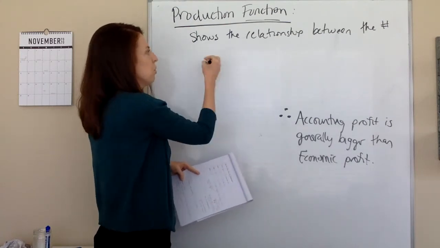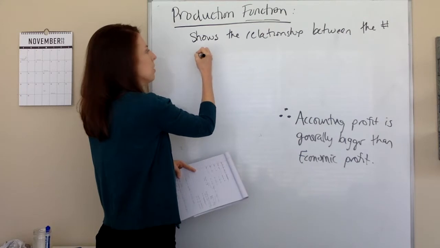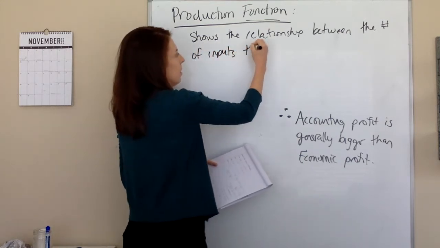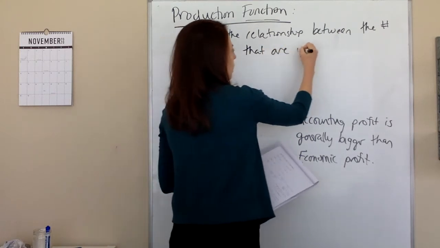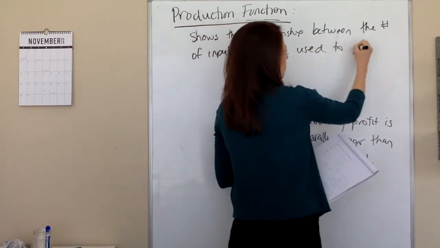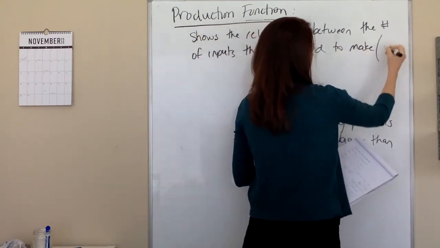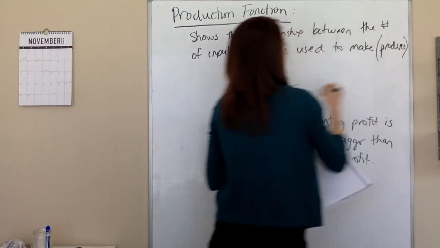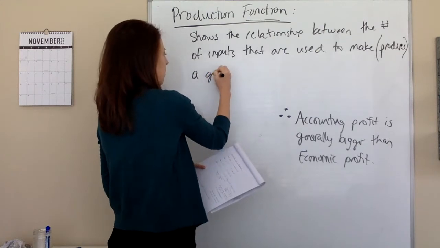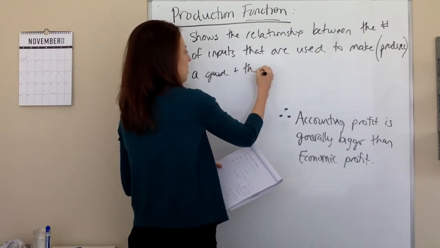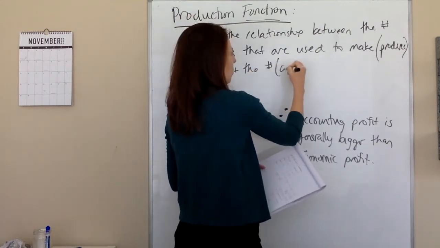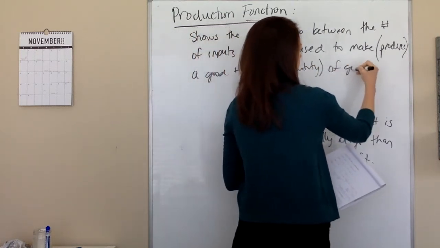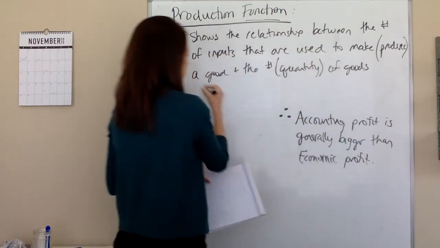So it shows the relationship between the number of inputs that are used to make or produce a good and the number or quantity of goods that are produced.